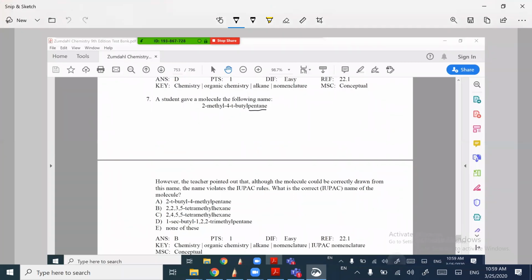Firstly, draw the longest carbon chain, pentane, counting from any side, 1, 2, 3, 4, no problem. On carbon atom number 2 we have a methyl, meaning CH3. And on carbon atom number 4, we have a tertiary butyl.